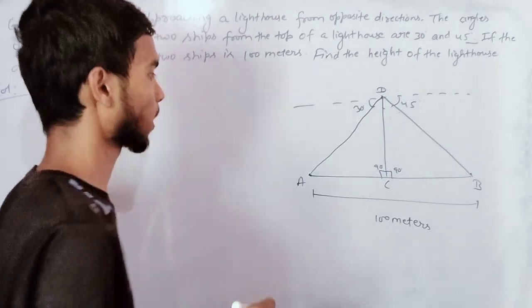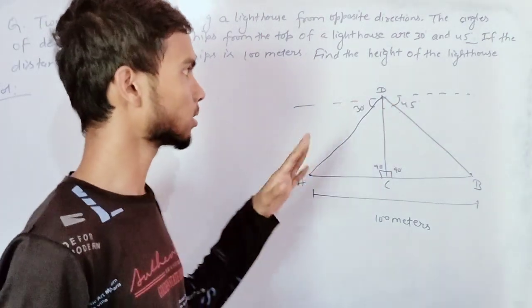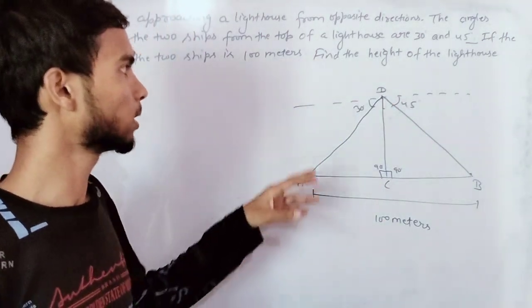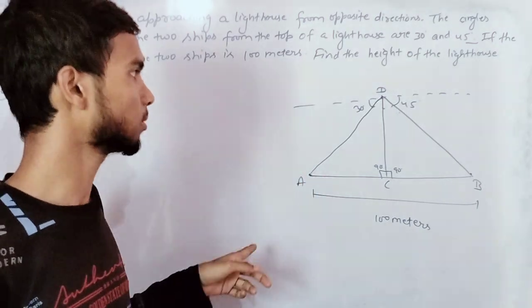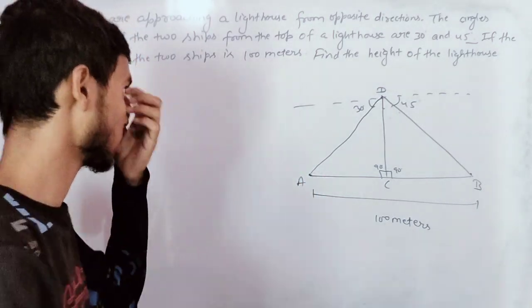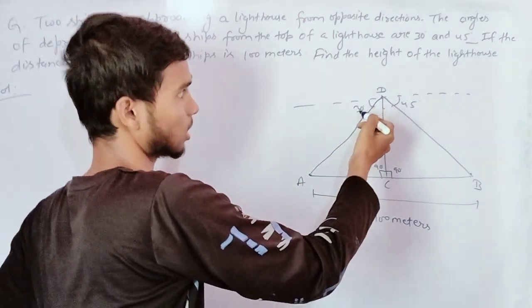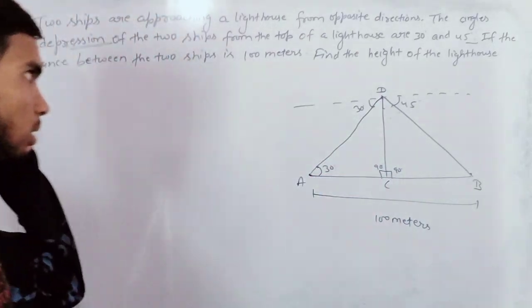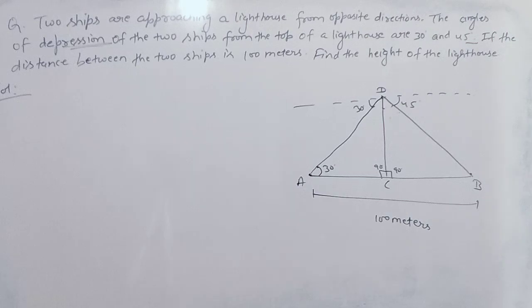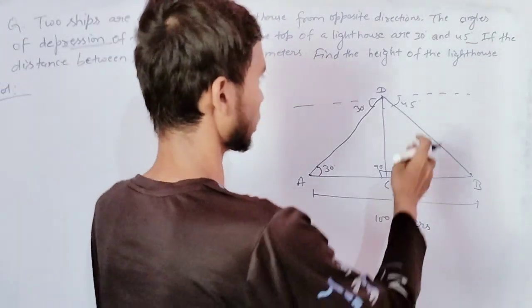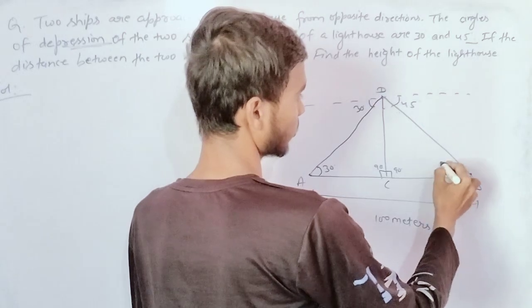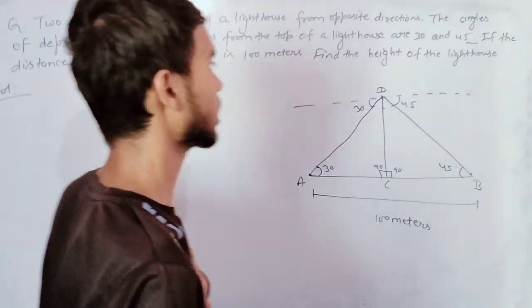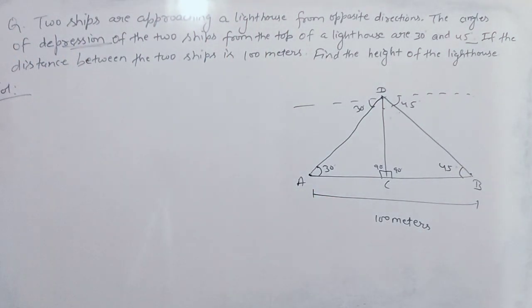As you know, this is one line, this is a second line. Both are parallel to each other, and one line is working as a transversal. So this is 30, so this will be 30 because of alternate interior angles. This is 45, so this will be the same 45. The reason is that they are alternate interior angles.